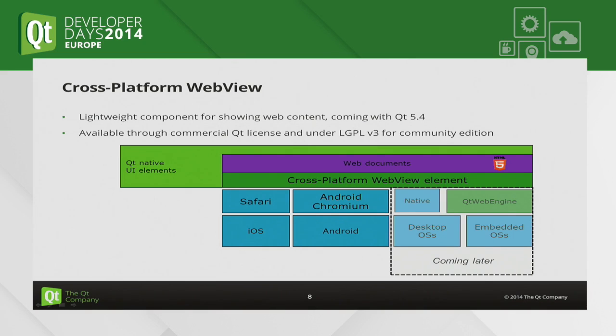So underneath, in the platforms where we don't have a convenient browser API, it'll use our own browser engine, the Qt WebEngine. So eventually, when all this is done for all platforms, you should have a lightweight way of showing dynamic content in your UI, and it's either using the native one or Qt WebEngine.